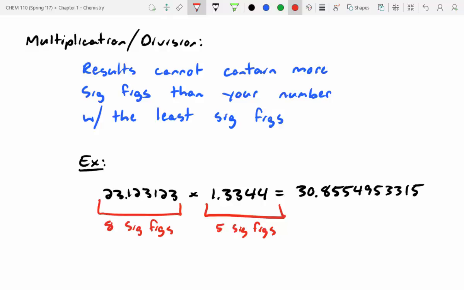That means our answer should only have 5 sig figs as well. So if we count over, we'd say, all right, 1, 2, 3, 4, 5. All of these get counted. Anything after it does not. Does that make sense? So you go by the one that has the least amount. Exactly. There are some weird examples, and I'll show you guys.